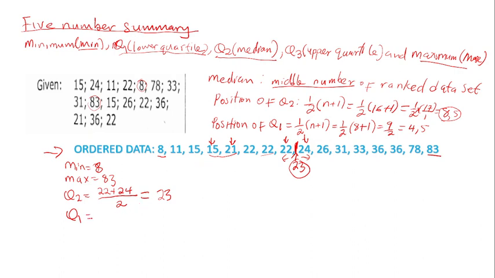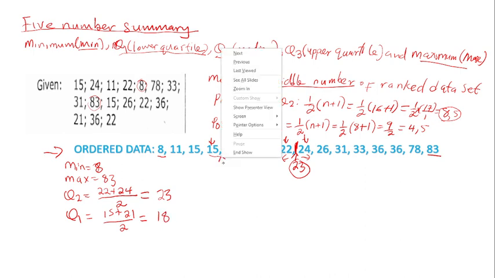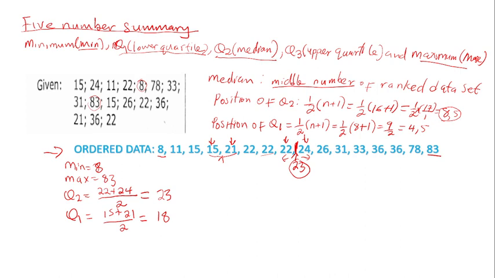So we're going to have our Q1 as 15 plus 21 all divided by 2. 15 plus 21 divided by 2, so we have 18. So 18 is here. That will be our Q1.